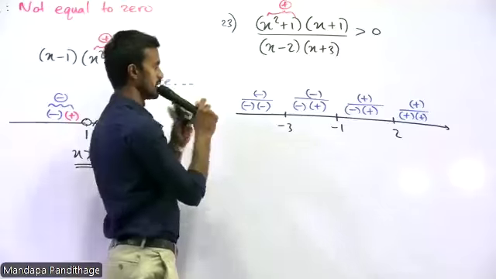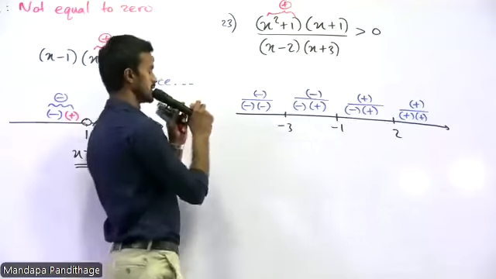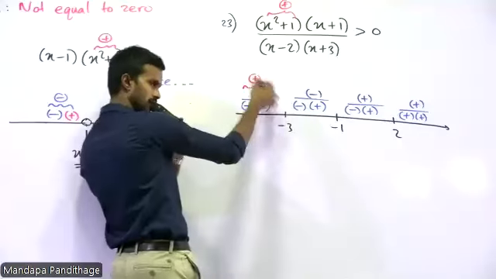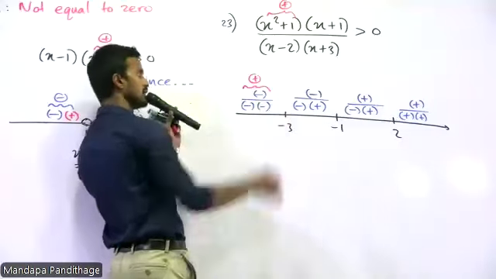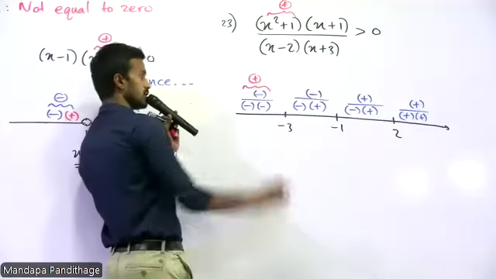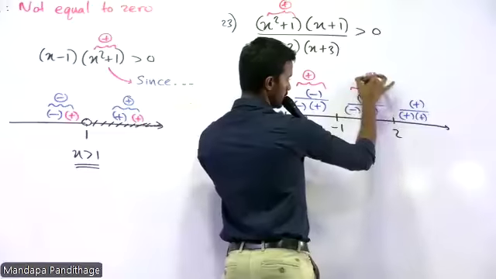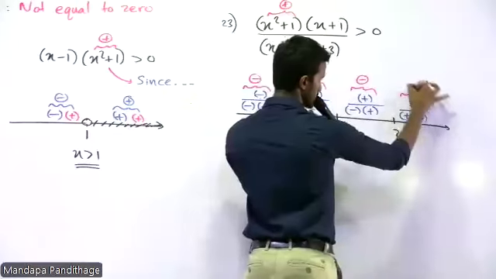I only care about the final sign. Whether it is in the numerator or denominator, if it is 3 minus, it's minus. This one, it's plus. This one, minus. And the last one is plus.